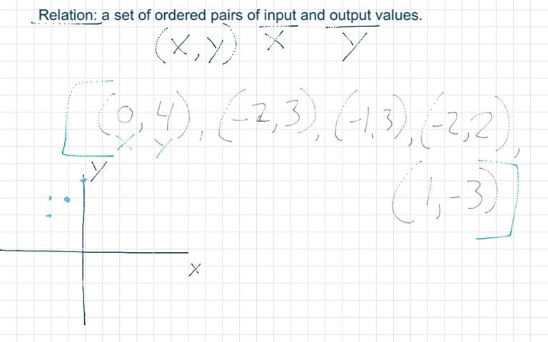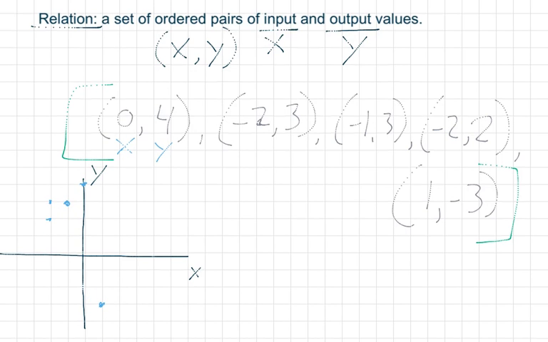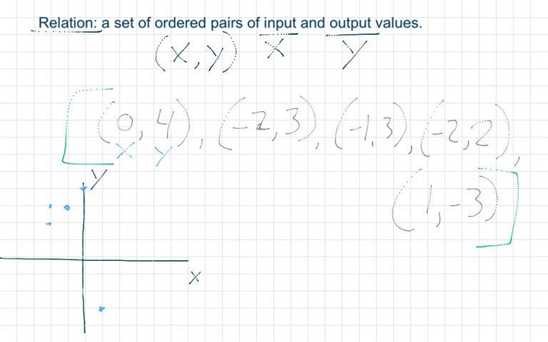So the point right here, for some reason, is not showing up. There we go. Okay, so I've graphed those 1, 2, 3, 4, 5 points, all right here. So anyways, this is the graph of this relation.